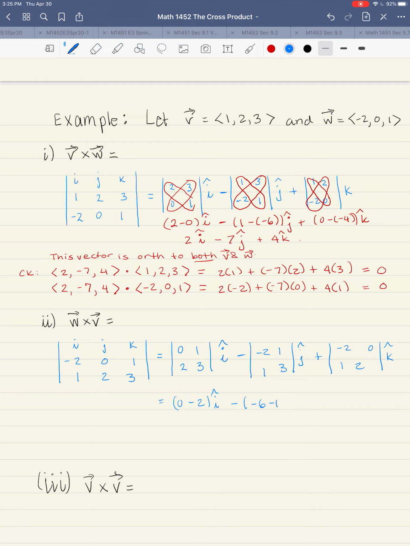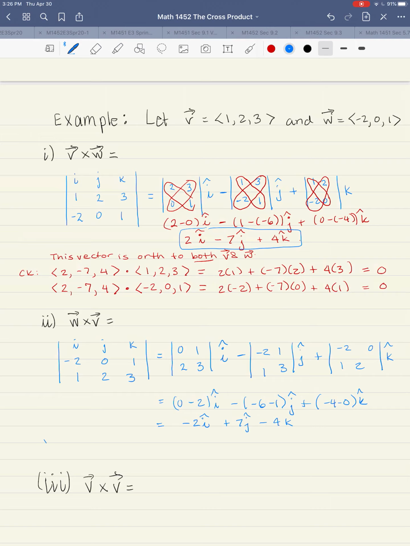Now let's go down our diagonals. We have 0 minus 2, i minus negative 6 minus 1, j plus negative 4 minus 0, k. And so we get minus 2i plus 7j minus 4k.